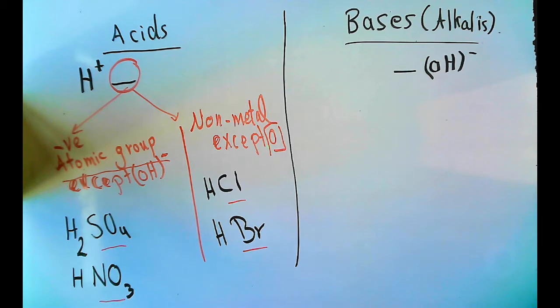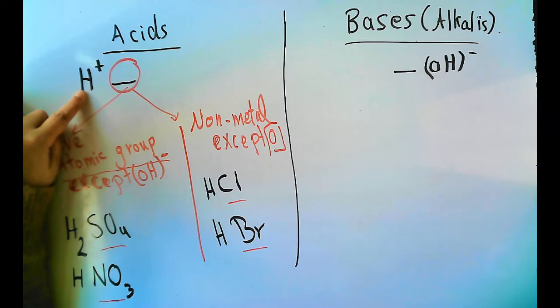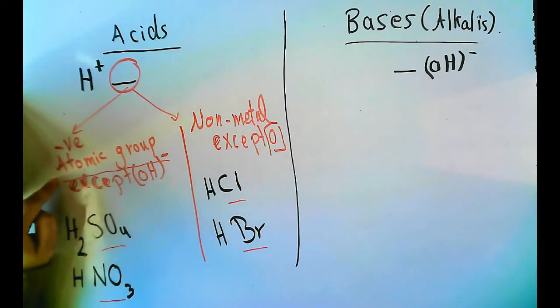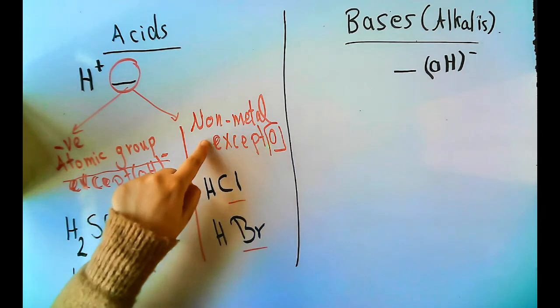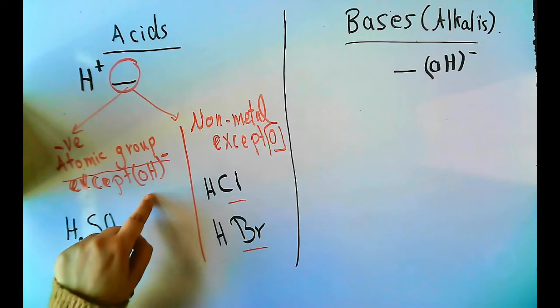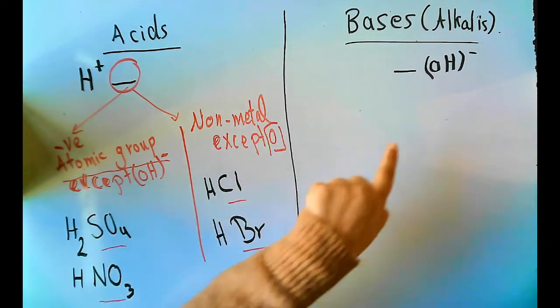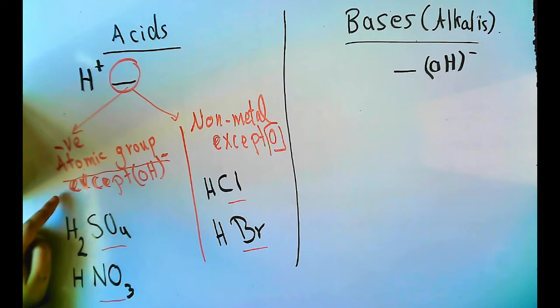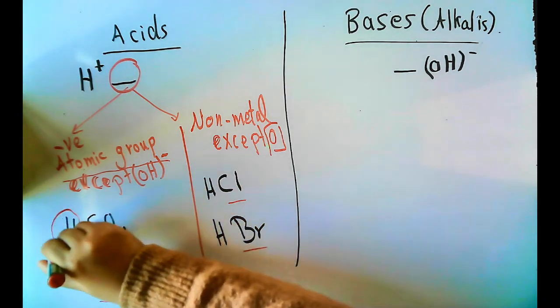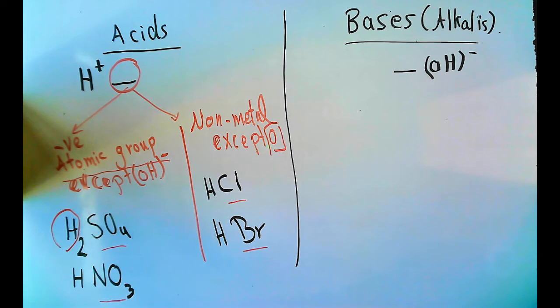So again, acids contain positive hydrogen ion at the beginning and combine with it a negative group. It may be joined with a negative atomic group or a non-metal, all negative atomic groups except hydroxide, because hydroxide is present in alkali. For example sulfuric acid begins with hydrogen at the beginning, so this is acid.